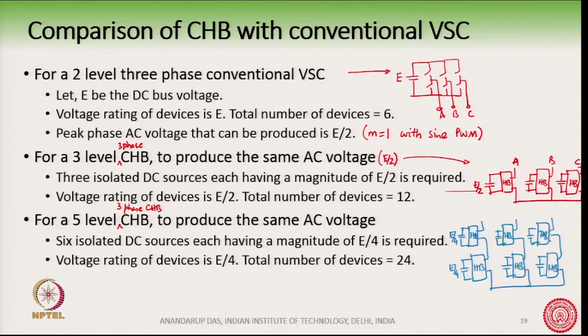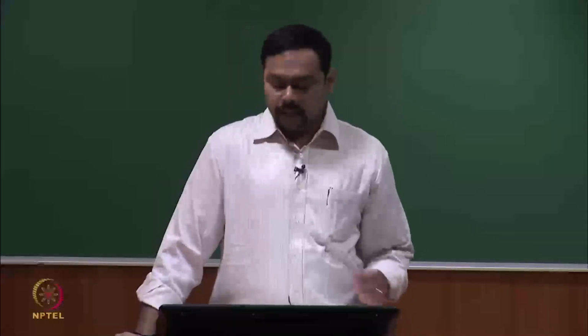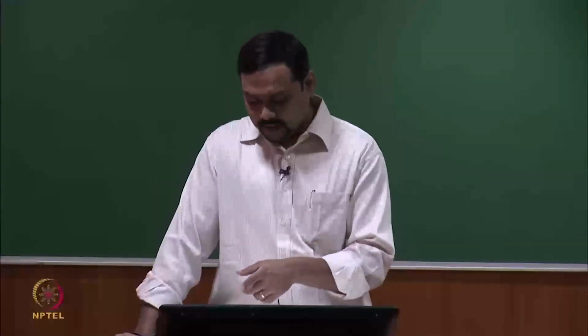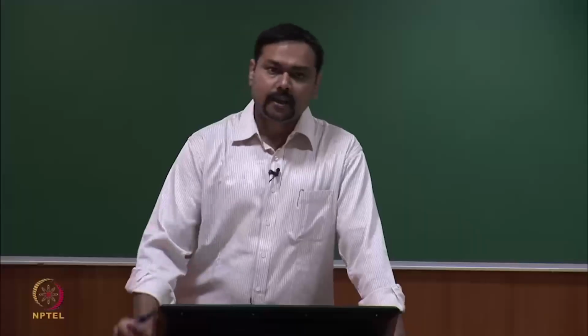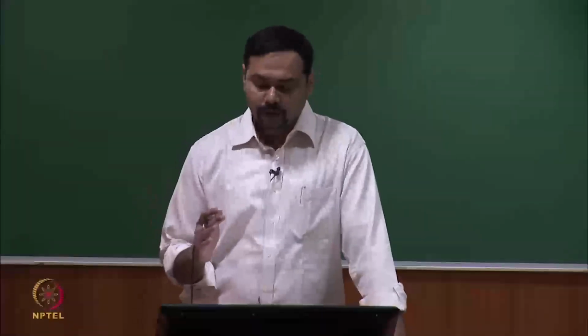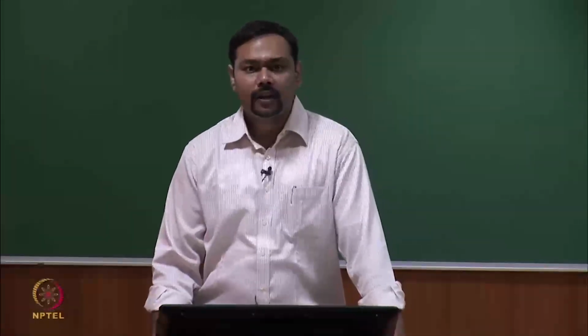But the advantage is we will use low voltage devices, or we can say it in a reverse fashion, that if we use the same devices in a conventional VSC and a 5 level CHB, then we can get more AC voltage in a 5 level CHB as compared to a conventional VSC. Okay. So, these are some pros and cons of using this converter.